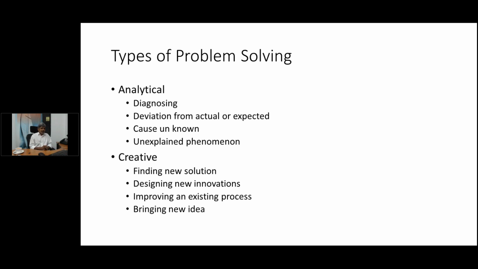So if there is a deviation from actual to expected, we will try to identify what actually happened, that we are unable to achieve our goal in the due course of time. So we need to look into why it happened and how we can rectify it, and in future why it should not happen.